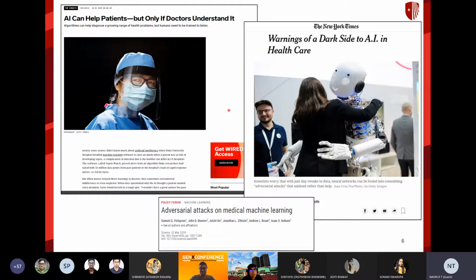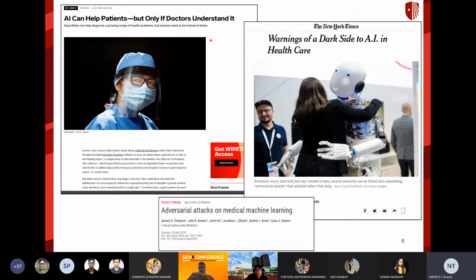Here's another article in The Wired that says AI can help patients, but only if doctors understand it. Well, not everyone might agree with this, but the fact of the matter is that there is certainly a degree of truth to this. It again comes back to the aspect of interpretability and intuitiveness of the different approaches that we develop.